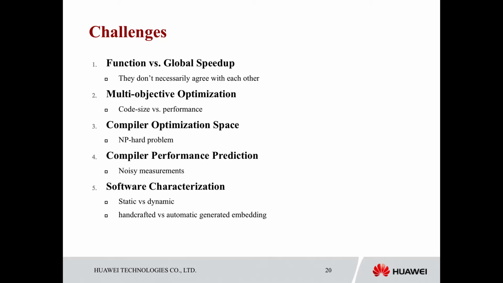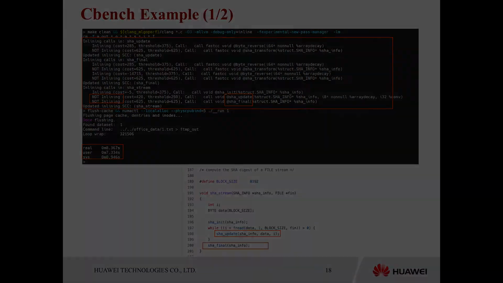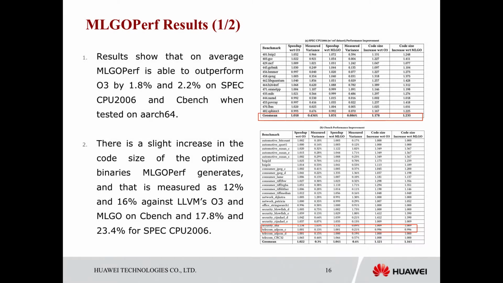The other challenge that we are dealing with, as I mentioned in the results, is that original MLGO was only targeting code size. That's why it's much better than MLGOPerf on that. On the other hand, we are trying to optimize for performance, so we are better on that end. We are worse in code size.